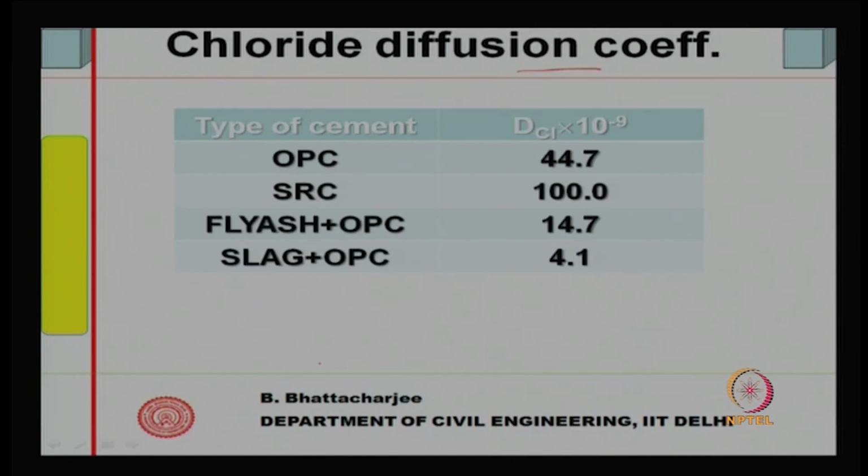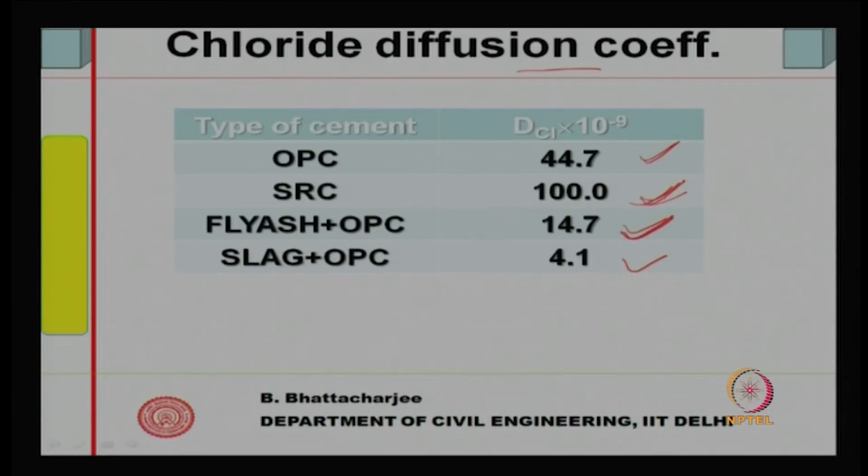Whichever has a high diffusion coefficient is likely to allow more chloride to come in. What is observed is that if you have OPC, this value is somewhere like this, but if you have sulphate resisting cement, the value increases significantly. Fly ash and OPC reduces it down, and slag and OPC reduces it still further.